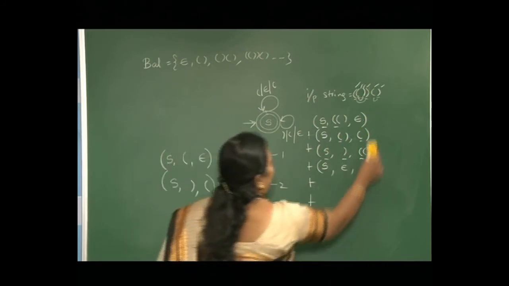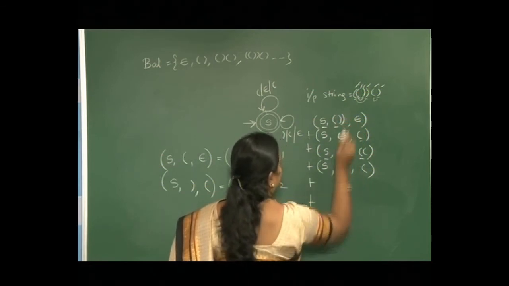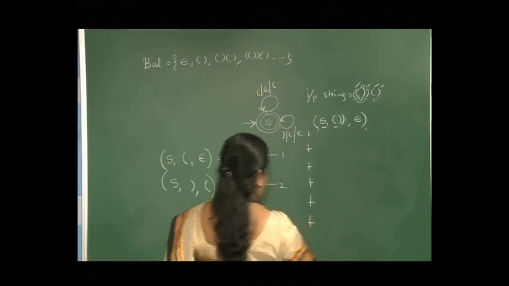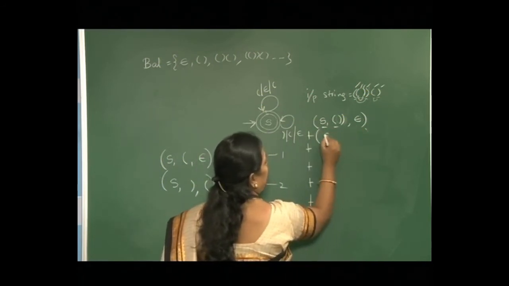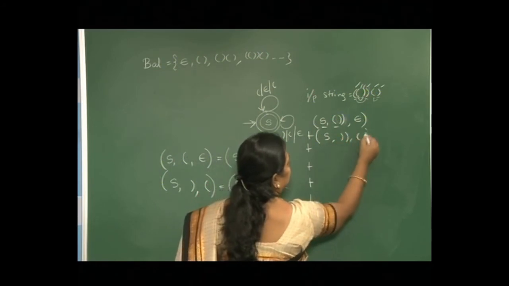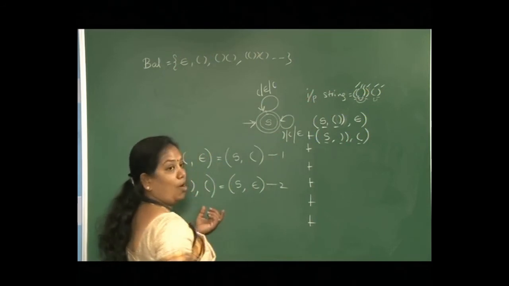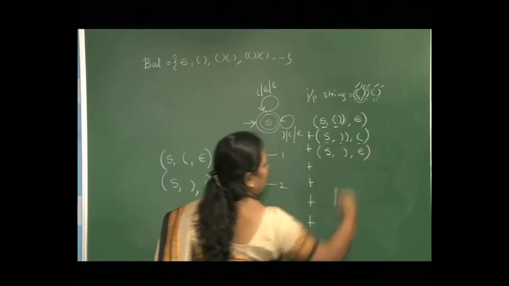We will take another case wherein, yes, opening parenthesis. So first we will push that opening parenthesis into the stack. Then yes, closing opening means pop the opening parenthesis from the stack.